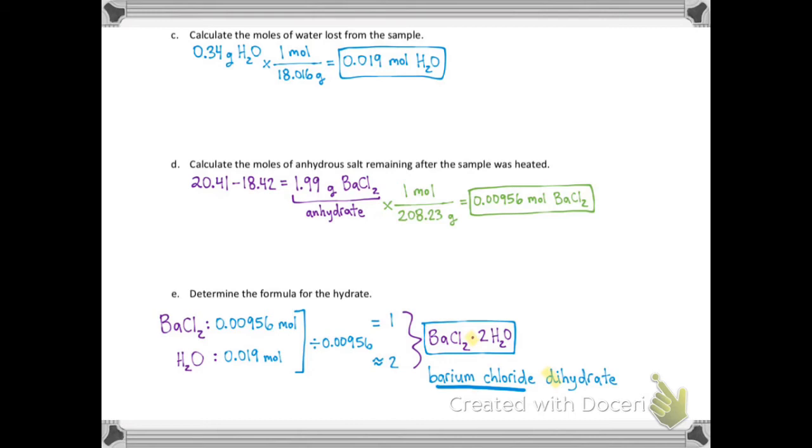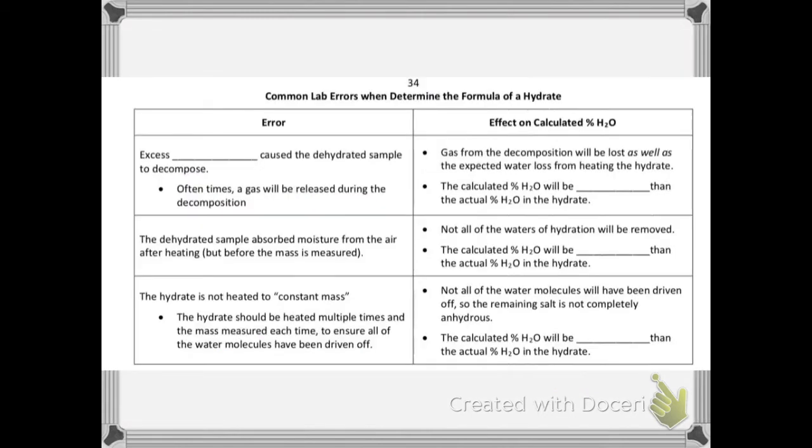However, determining the formula of a hydrate is an experimental method, so it's important that we actually talk about possible errors that might come up when you're doing a lab of this nature. Well, you have to heat your hydrate to drive off the water, but you can't overheat the hydrate. If you have excessive heating, it can cause the dehydrated sample to decompose, which will often release a gas.